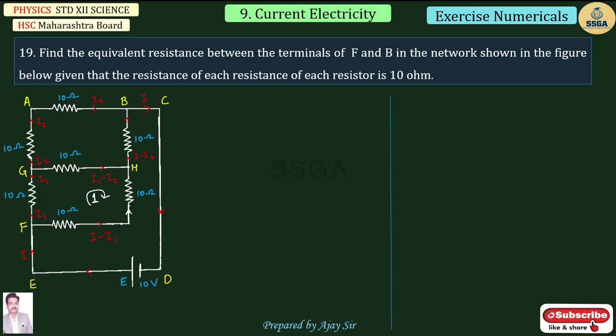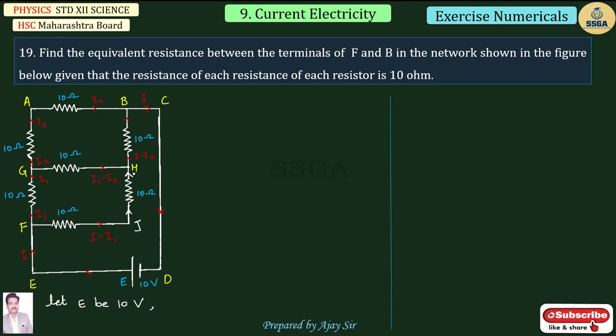This is the direction of current here. So now let us apply first Kirchhoff voltage law to this loop. First we will consider, let E be 10 volt. This is not given, so we will consider, let E be 10 volt.